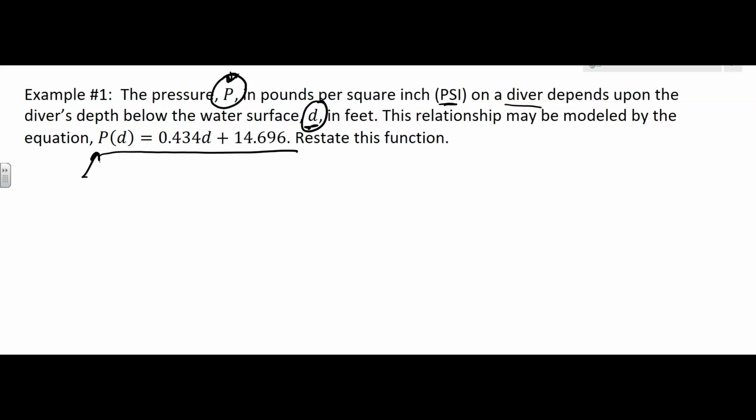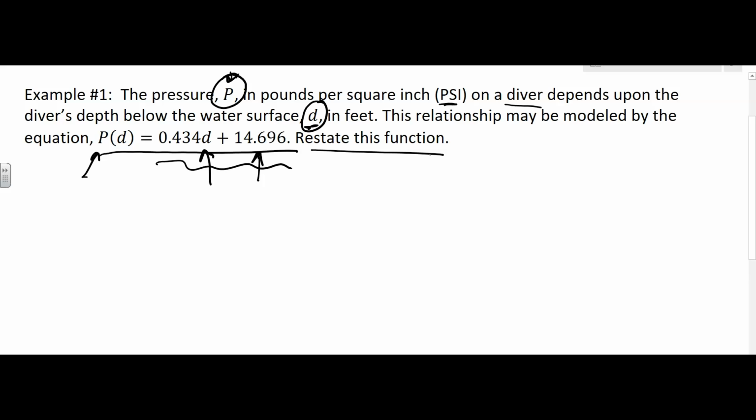It says if you want to figure out the pressure of the diver when he's so many feet below the surface, you're going to use this calculation. You're going to multiply the depth by 0.434, and then you're going to add 14.696, okay?